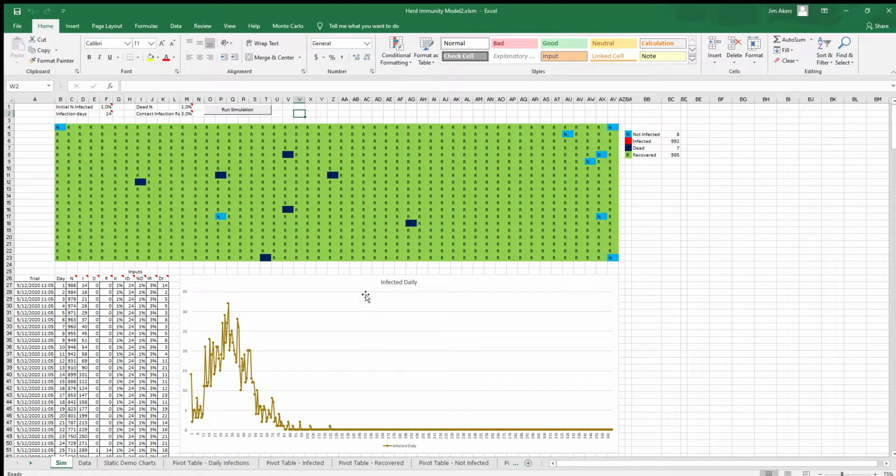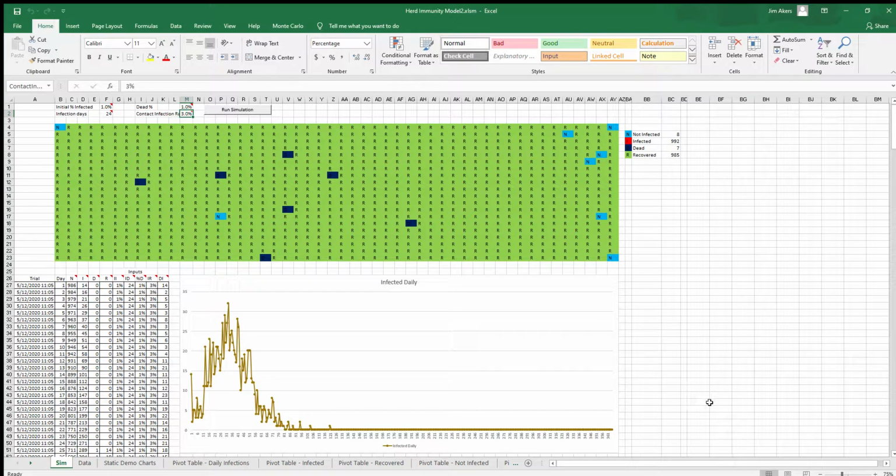Most everyone was still infected here. We had 8 people not ever infected. 992 infected, 7 people died, 985 did recover. The curve is still fairly sharp here.